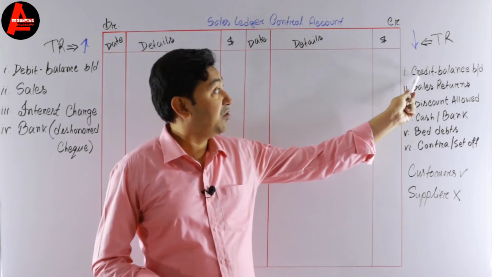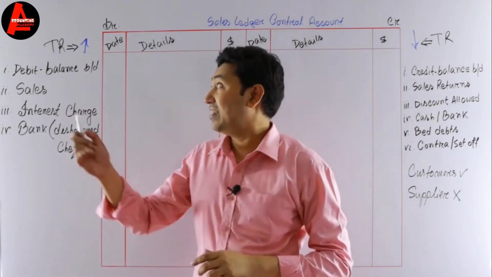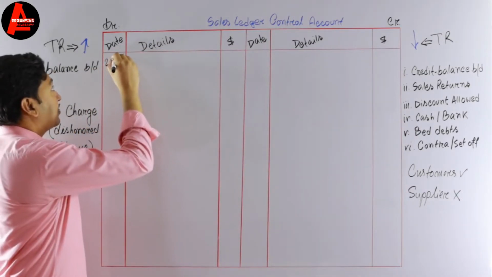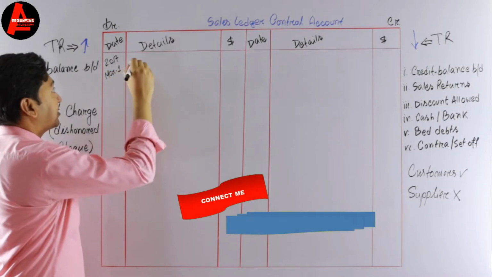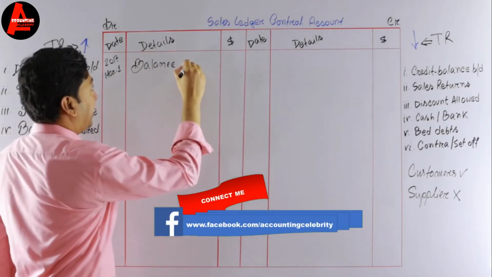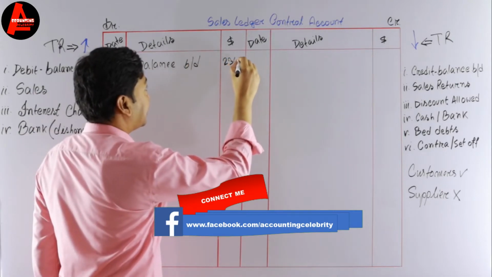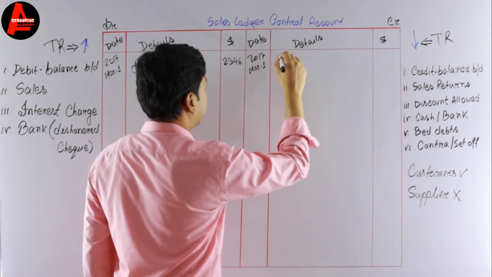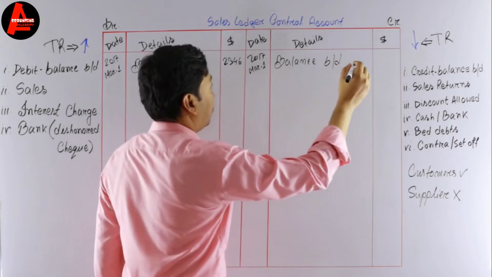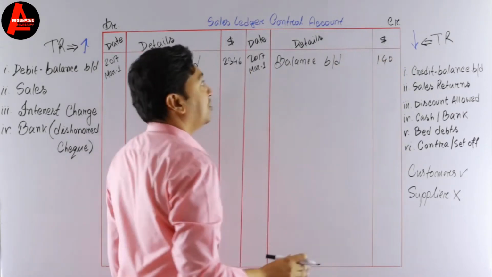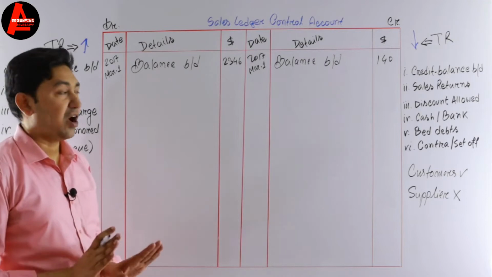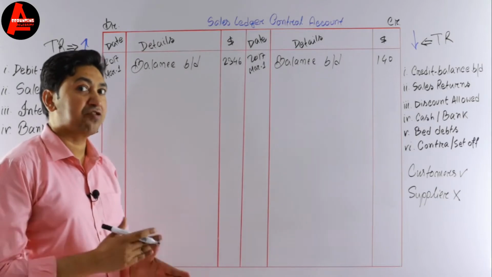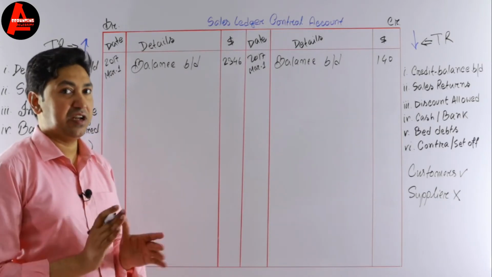So let us write balance b/d first, 2017 March 1st, balance b/d 2346. Again, March 1st balance b/d $140. We have to start with the balance all the time, and the balance will be clearly written in the question. What type of balance, debit or credit, will also be mentioned in the transaction.